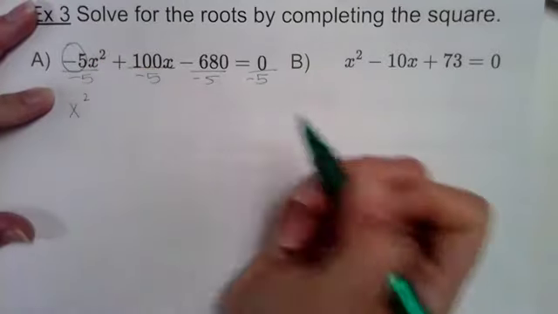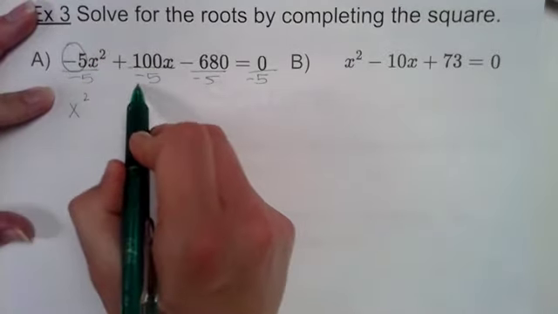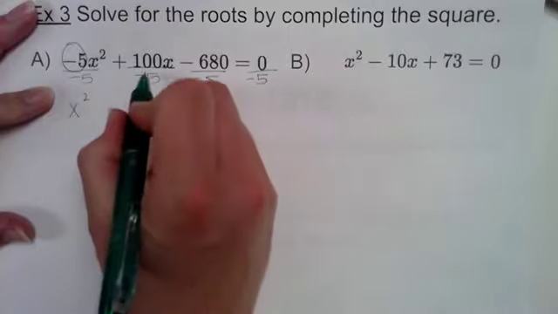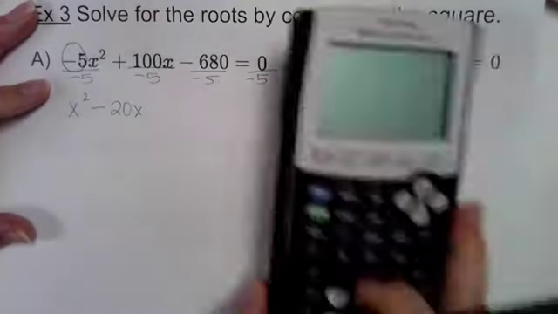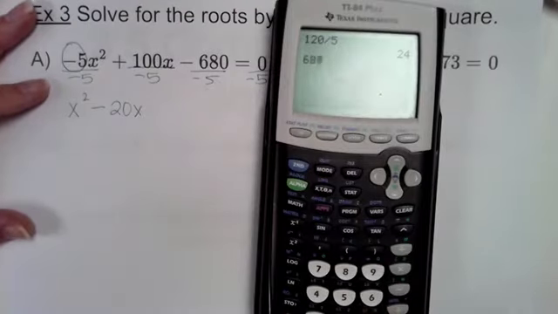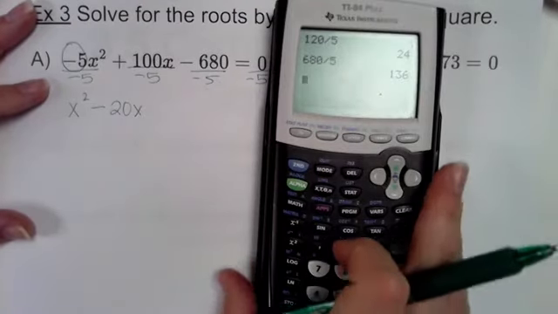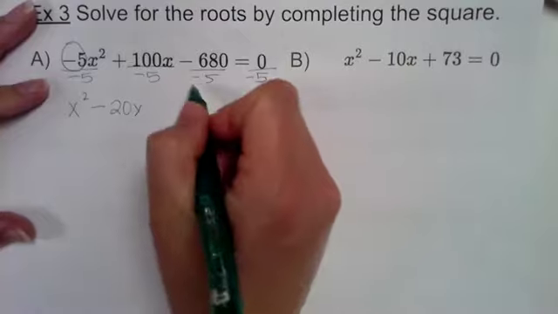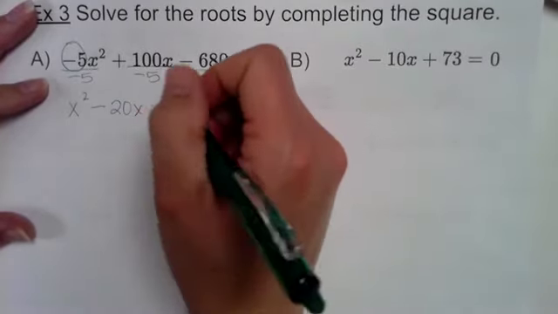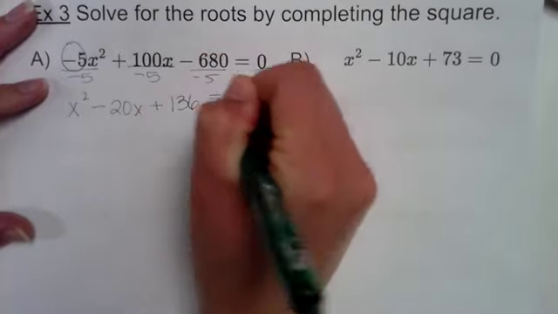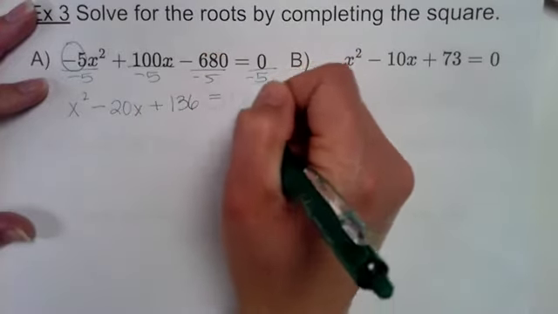X squared, then what? Positive divided by negative is negative 20x. Ooh, 680 divided by 5, you know, say 136. Okay, that's going to be positive or negative? Positive. Negative divided by negative is positive 136. 0 divided by any number is 0.